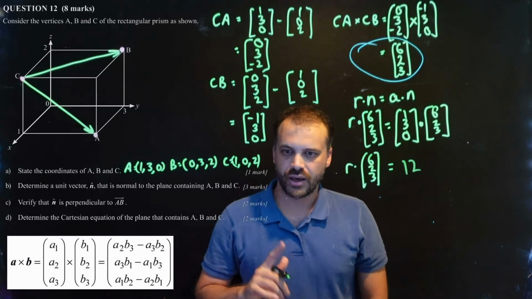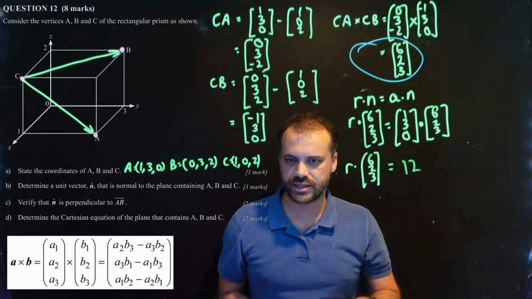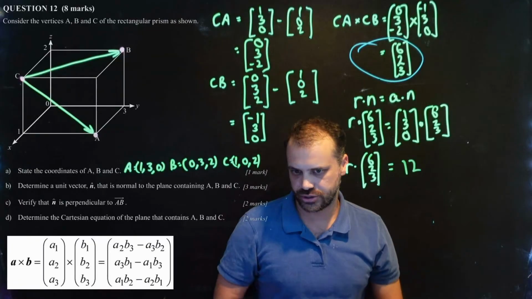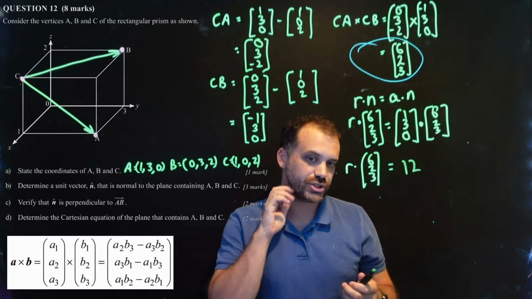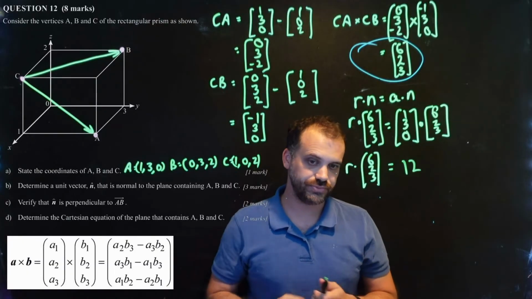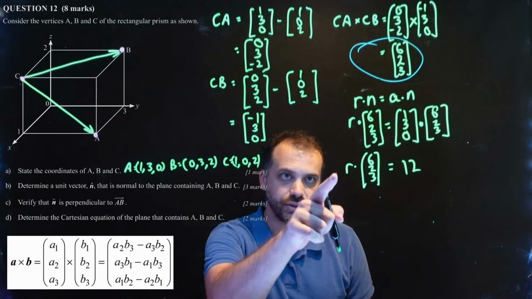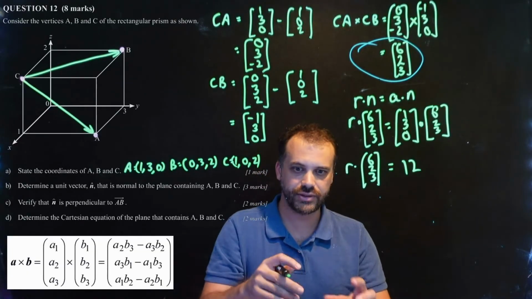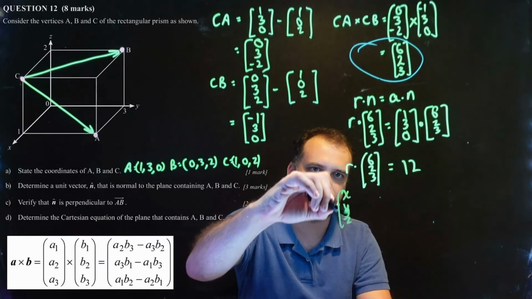Okay, but I could stop here if part D said determine the vector equation. This is the vector equation. But it doesn't say determine the vector equation, it says determine the Cartesian equation. The way to determine the Cartesian equation is to replace our r, this any and all vector, with just x, y, and z.